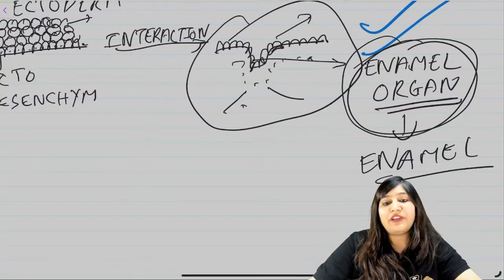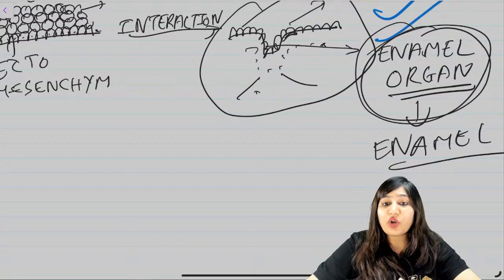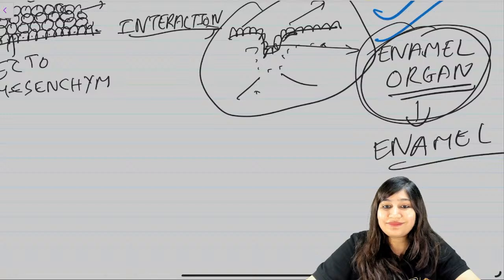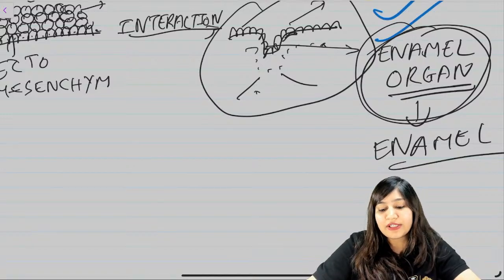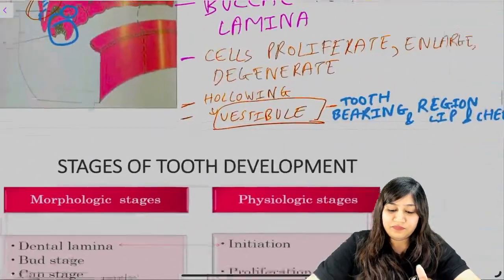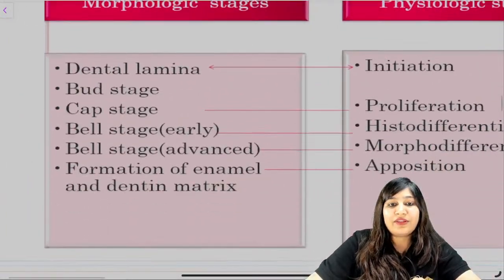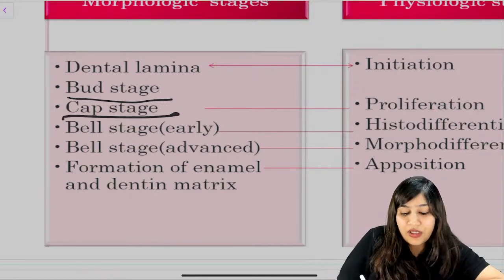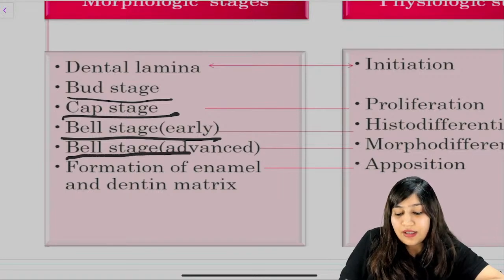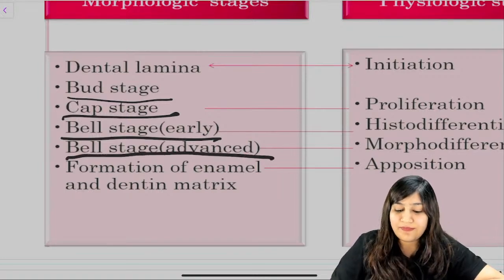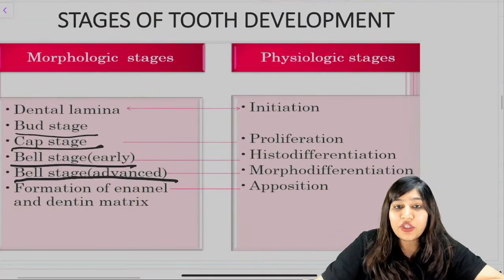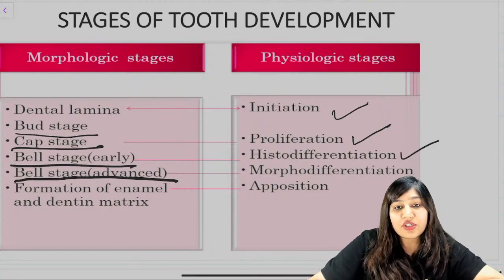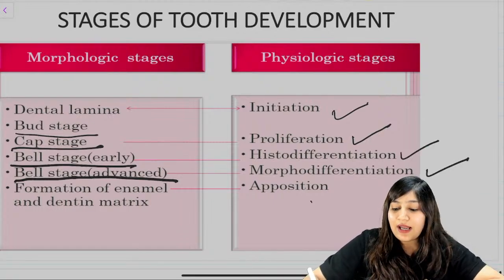This enamel organ will give rise to enamel. So based on the shape of enamel organ, morphology of the enamel organ, due to the proliferation of the cells, we are getting our morphological stages of tooth development. So morphologic stages include bud stage, cap stage, bell stage, early bell stage and advanced bell stage. And physiologic stages include initiation, proliferation, histodifferentiation, morphodifferentiation and apposition.